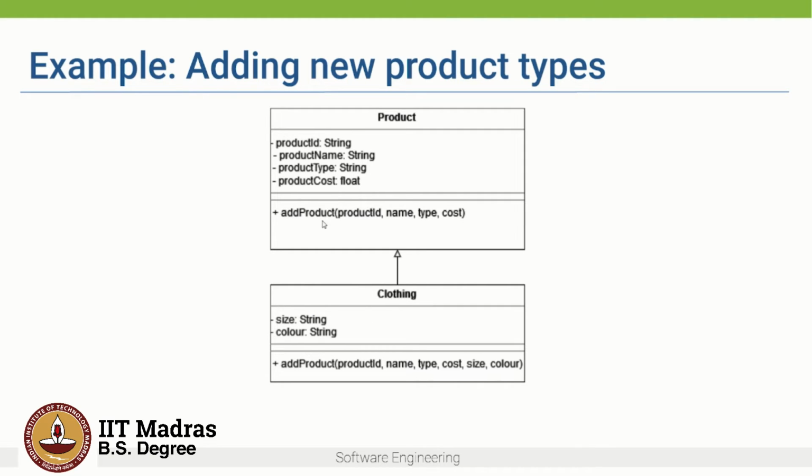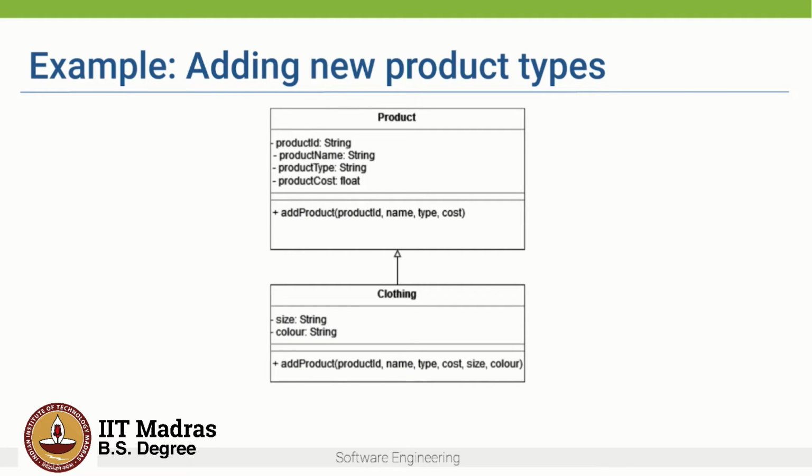So the clothing class inherits these attributes like product ID, name, type, cost, as well as it has specialized attributes like size and color. So in this way, we see that our product class is untouched, but we are extending the class by adding a new class called clothing. In this way, our design satisfies the open-closed principle.